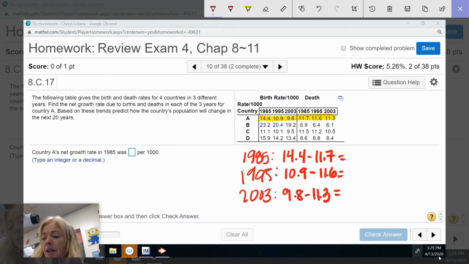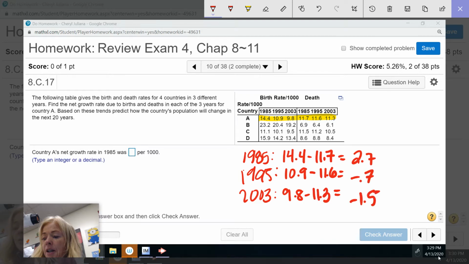And those are going to be your net growth rates for each of those 3 years. 14.4 minus 11.7. I'm just going to put these all in my calculator and then extract it after I get out of my screen capture. So 2.7, negative 0.7, negative 1.5.